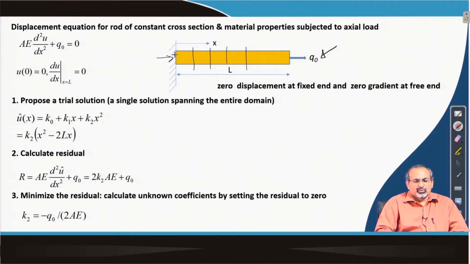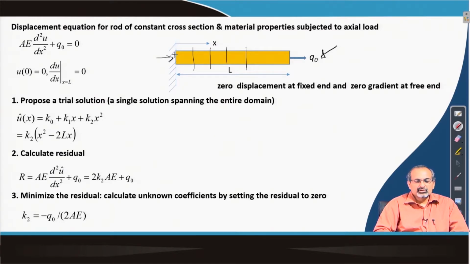Now, we have assumed a constant cross section as well as constant material properties, which surfaces through the Young's modulus. So, the cross section is capital A and Young's modulus is capital E, and u gives you the displacement field.